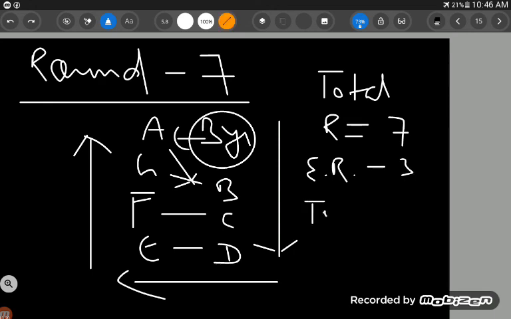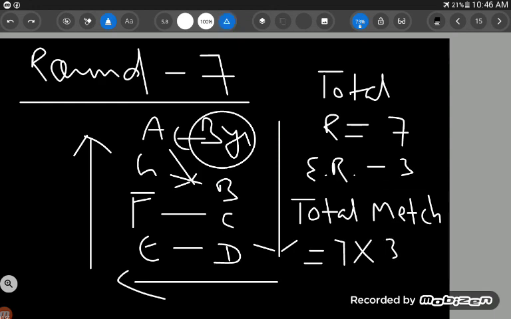Means total matches is equal to 7 multiply 3 is equal to 21. Total number of matches that will be held is 21.